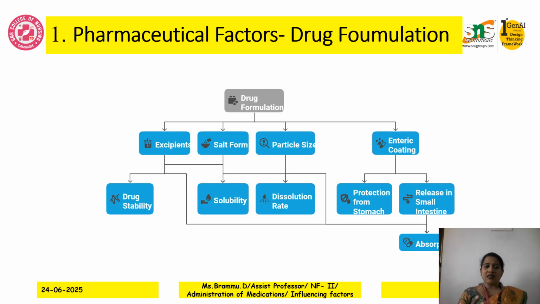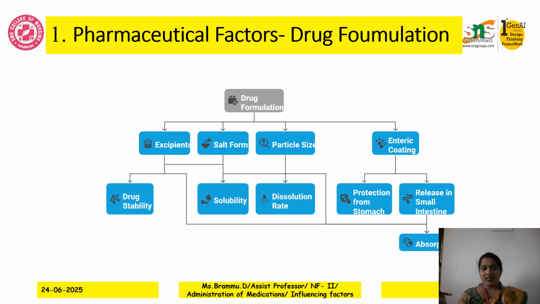So coming to the pharmaceutical factors in detail, it depends upon the drug formulation, how we prepare it. Maybe the excipients, that is the drug stability, or the salt form, like if it is in the solute form, you can see the solubility is much faster, and depending upon the particle size of the drug, if it is smaller, the dissolution rate is high.